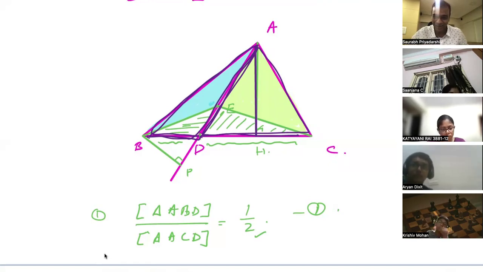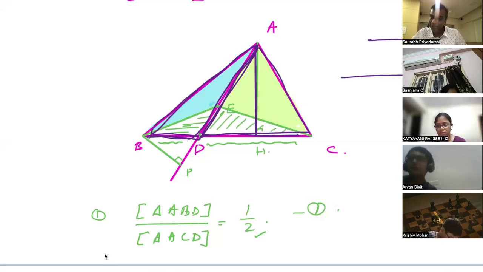Right? If bases are same, then we can say that heights are given. So if parallel sides are given, right? So heights are same. Then 100% I can say that the bases will be the ratio of the area. If medians are given, then I can say that medians divide this length into two equal sides.